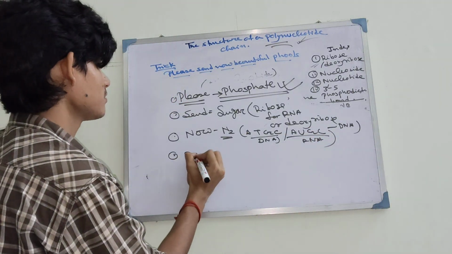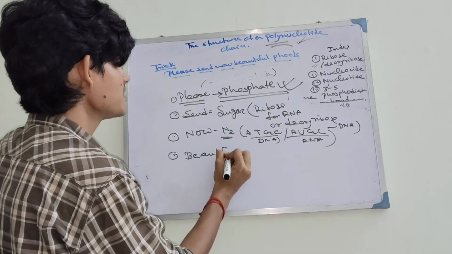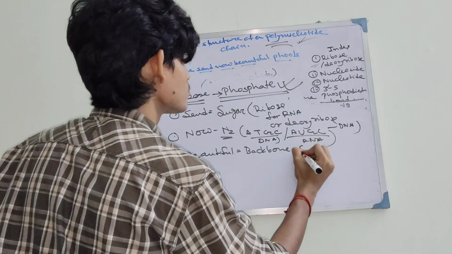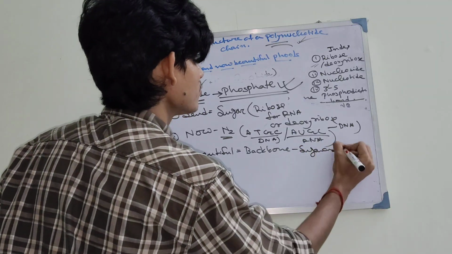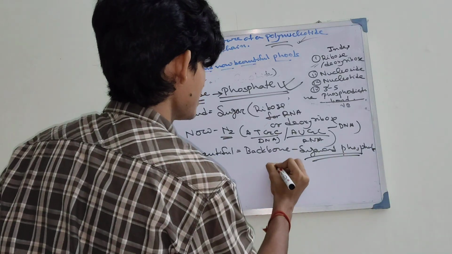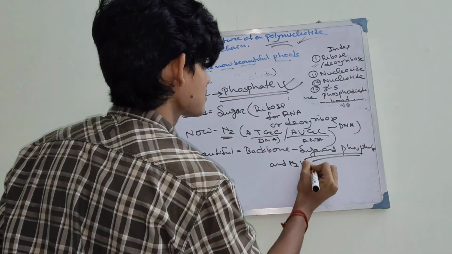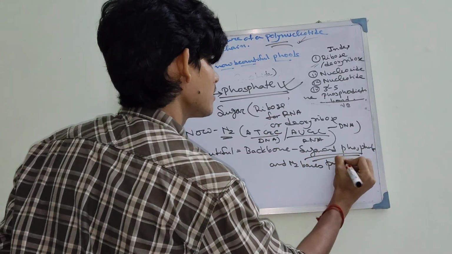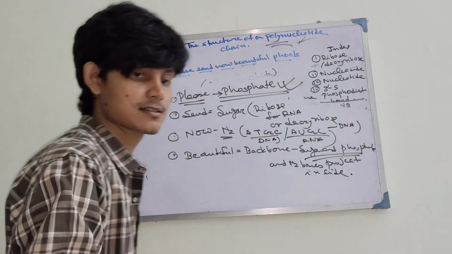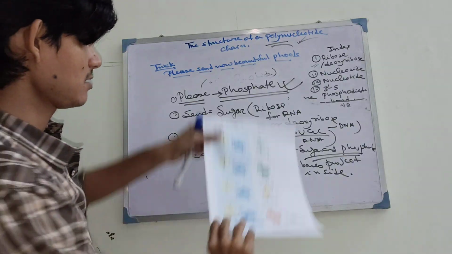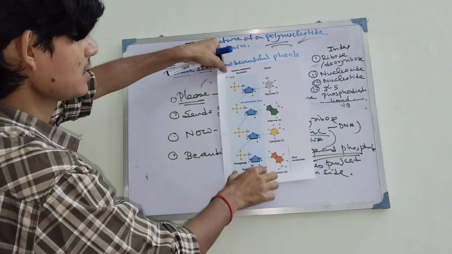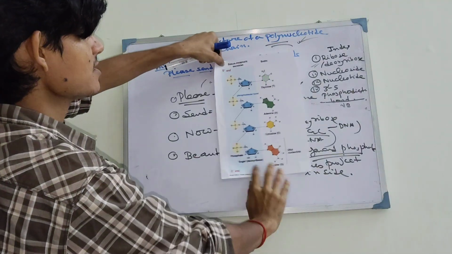And beautiful means the backbone will be made up of sugar and phosphate, and the nitrogenous bases project inside like this. Look, the sugar phosphate backbone is made like this, and the bases are projecting inside.